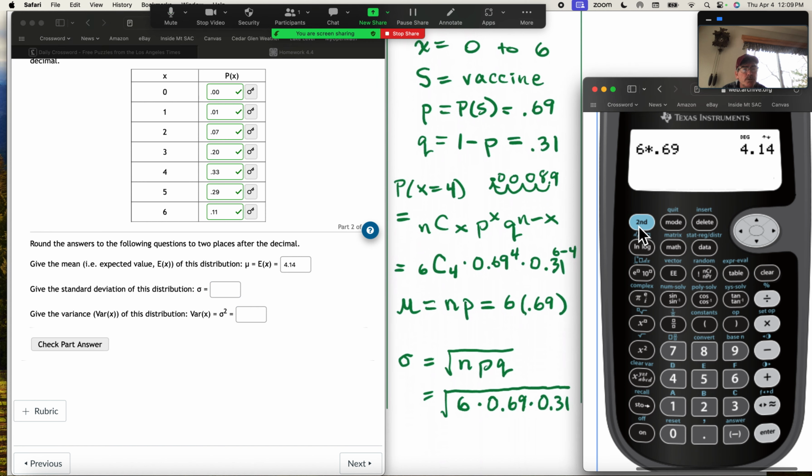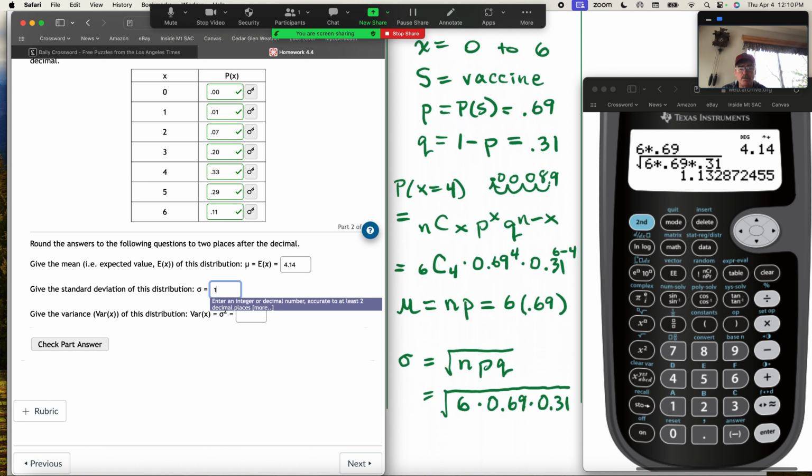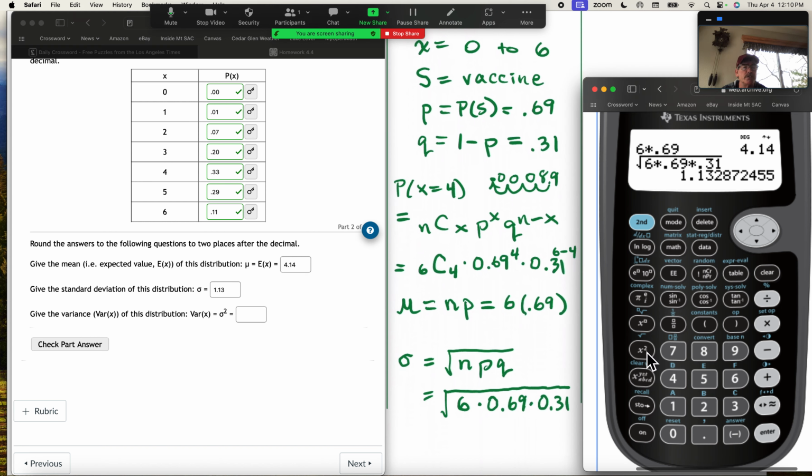Square root of n, which was 6, times 0.69, and then times 0.31. So that's standard deviation. We're going to do 1.13 over here. And for the variance, we square that, so we'll just press the x square button over here. And so we get 1.28.